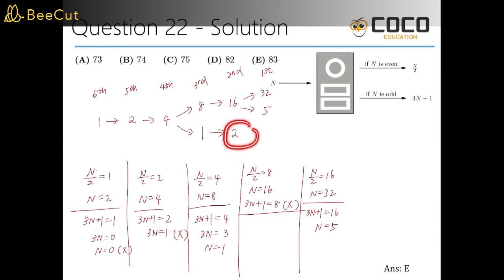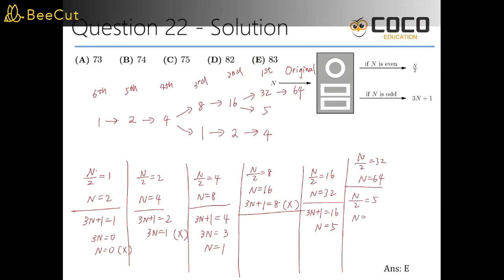Then for the 2, this is the same as here, from 2 to 4. The last step, the original number. So 32, this one is n over 2 equal to 32, n will be 64. Then the next n over 2 equal to 5, n is 10.